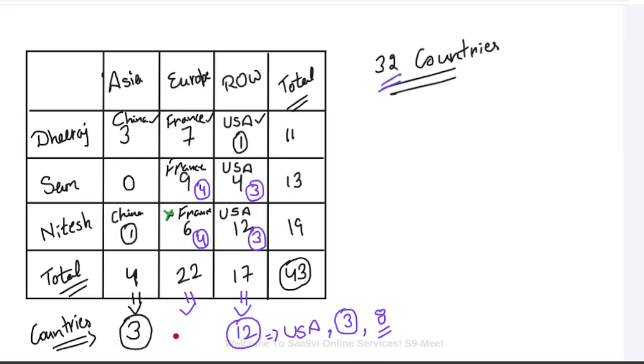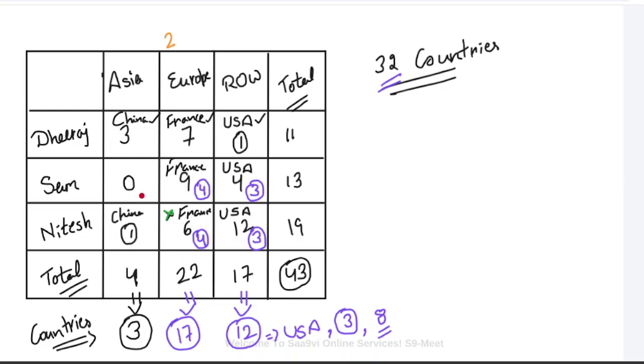So 3 plus 12, that means it should be 17 countries we have here. So let's understand, let's count it. If we talk about Dheeraj, Samantha, and Nitesh, for Nitesh we know exactly two of the countries in Europe, because four are being shared.